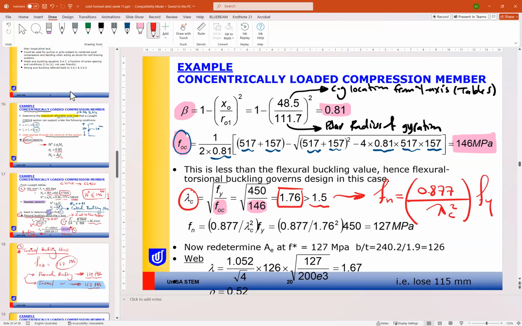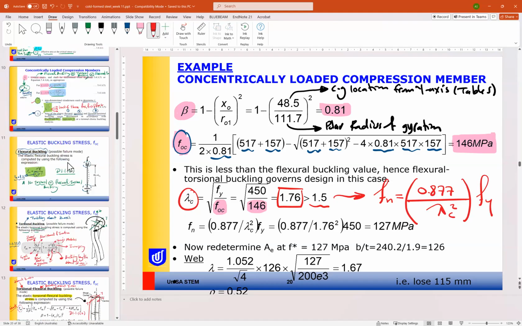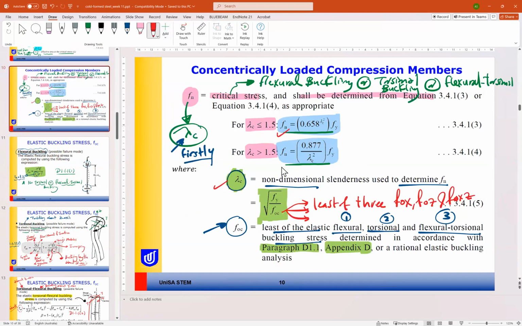So if we go back to the formula here, the formula is 0.877 divided by lambda c squared multiplied by F yield.